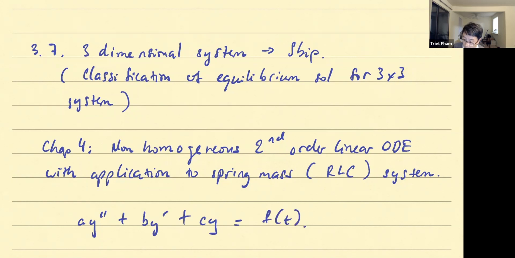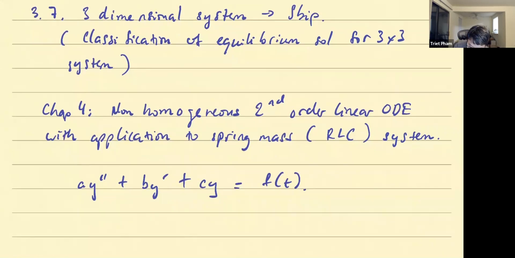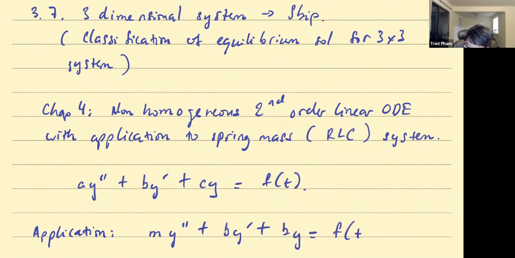Basically, chapter 4 discusses how to solve this kind of equation for different types of f of t on the right hand side. So we'll talk about that. But the application is exactly, remember when we have my double prime plus cy prime plus ky equal to f of t.